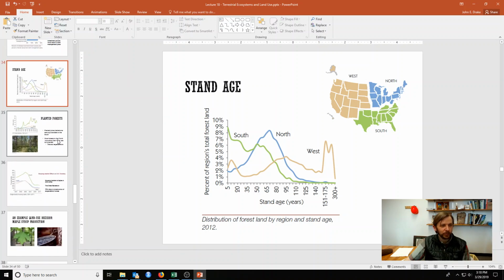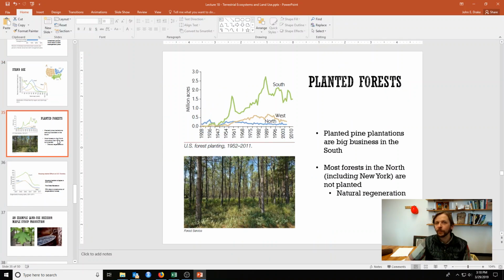And the way forestry is practiced in these different regions is reflected in this data about how many millions of acres were planted in each region. And you can see that in the south, planting, particularly planting pines, is a really big business of active management, including planting of specific species and even specific kinds of pines that have desirable qualities.